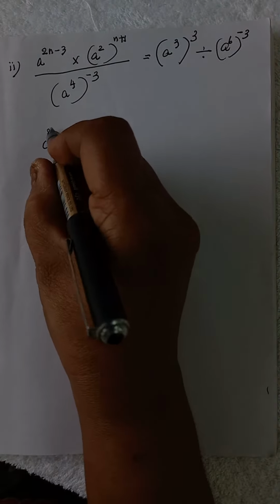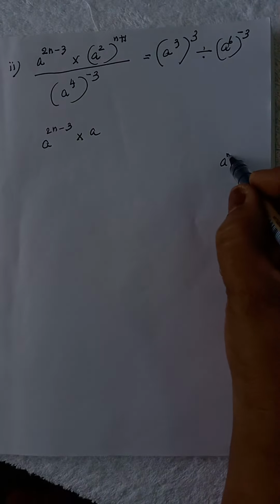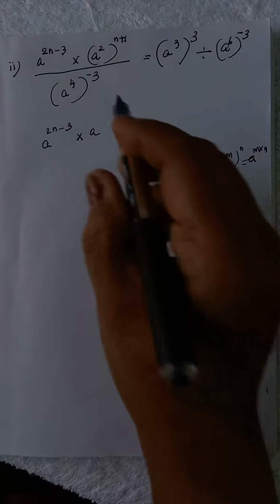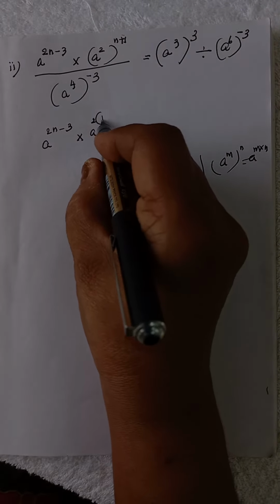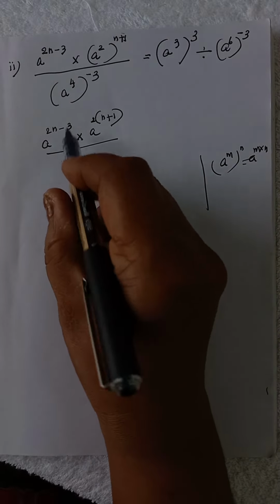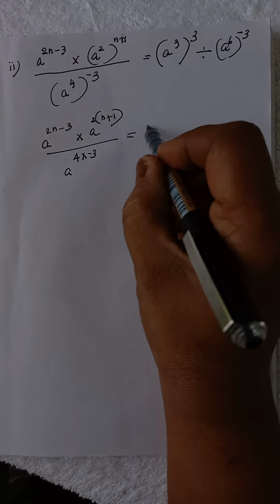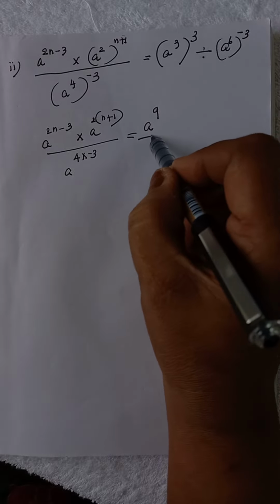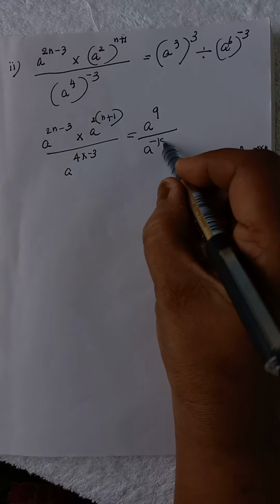So a^(2n-3) into (a^m)^n, that is a^(m×n). By using that, here if this is m and this is n, a^(2(n+1)) divided by, here also, a^(4×(-3)), that is equal to a^(3×3), that is 9, divided by a^(6×(-3)), that is -18.